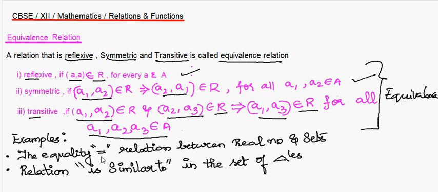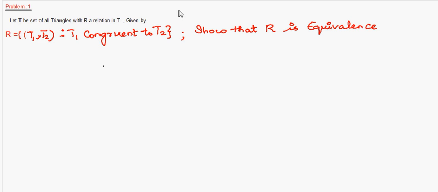So a common example of equivalence is equality, which can be a relation between real numbers or sets, and similarity in the set of triangles, which is also an equivalence relation. Let's take an example problem.